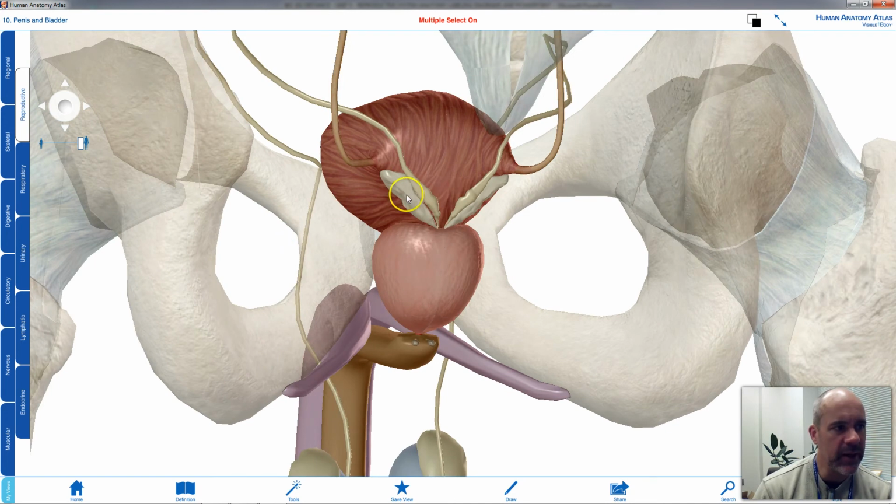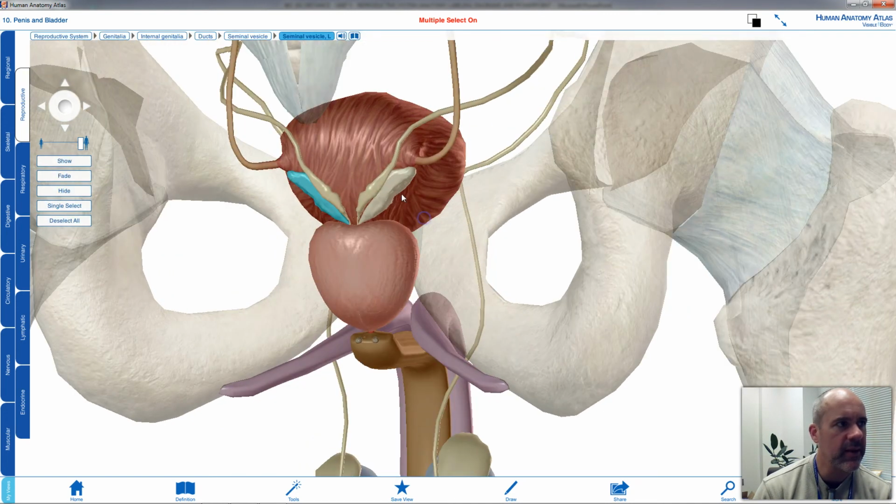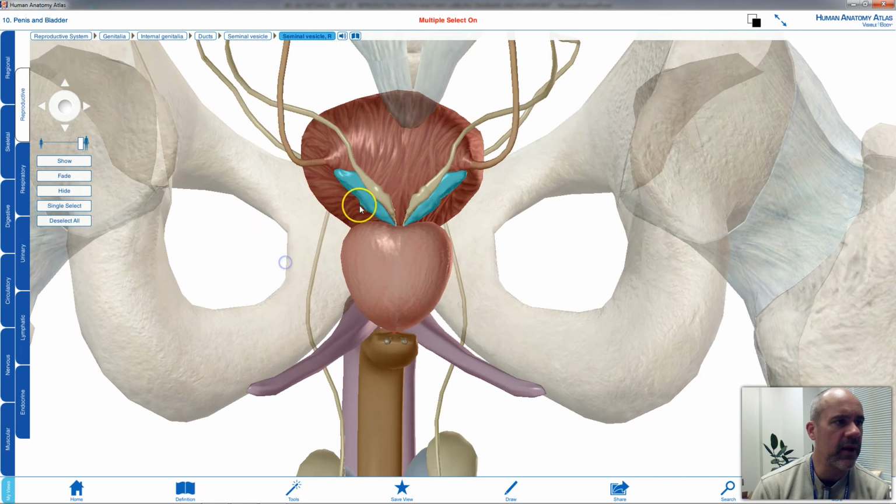Now while we're still back here, notice you've got a structure right there and right there. Each of those is a seminal vesicle or a seminal gland. Your textbook is calling those the seminal glands, pretty much. And as we'll talk about over on the physiology side, those glands produce 70% of the contents of semen.